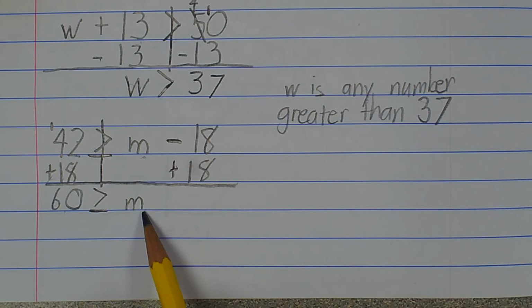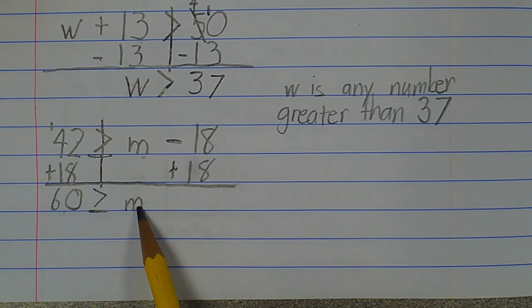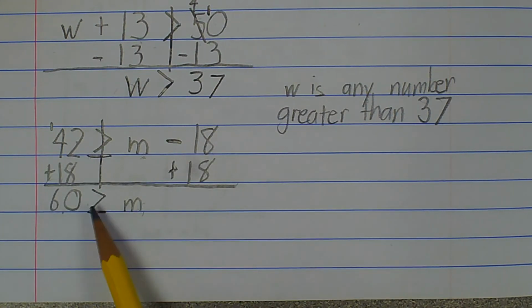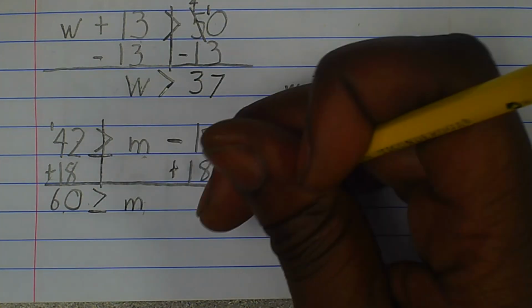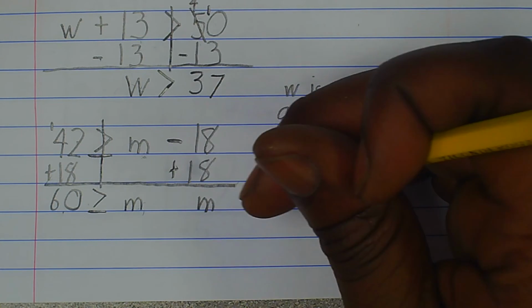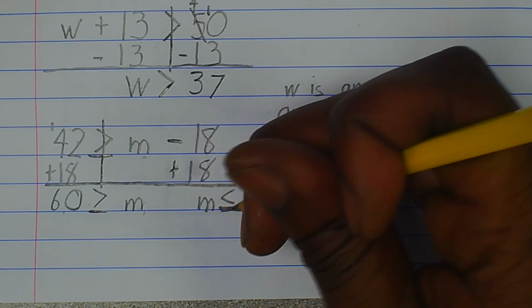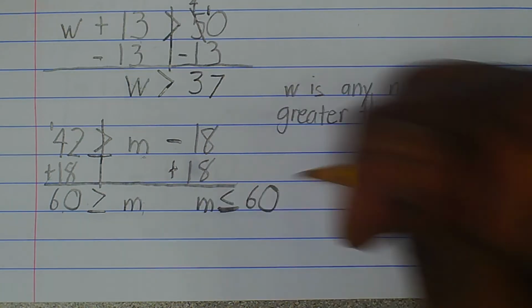But we can rearrange this so that we have m first. When we rearrange this inequality, we have to switch the symbol. So that means that m is any number that is less than or equal to 60.